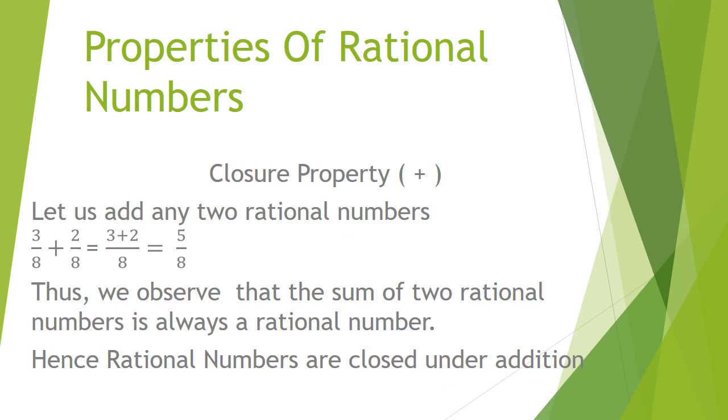Just add the numerators. 3 plus 2 will be 5, so 5 upon 8. Thus we observe that the sum of two rational numbers is always a rational number, that is 3 by 8, 2 by 8 and 5 by 8 are all rational numbers. Hence rational numbers are closed under addition.